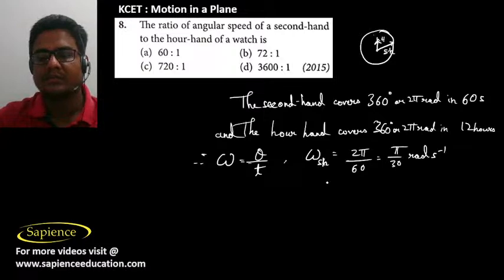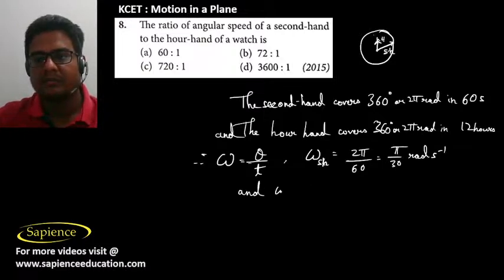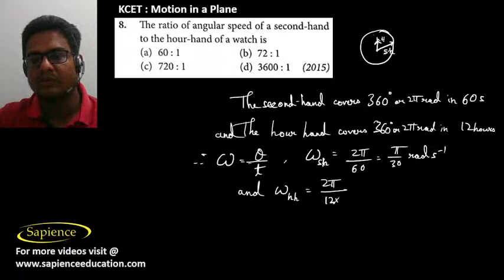And the angular speed of the hour hand, it will rotate 2 pi radian in a time interval of 12 hours. 1 hour means 3600 seconds. So this much radian per second.